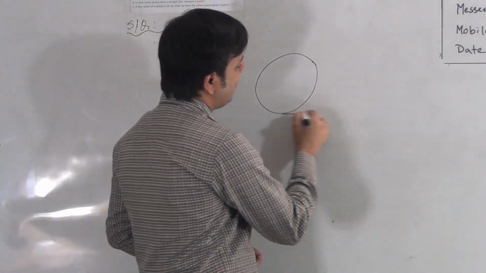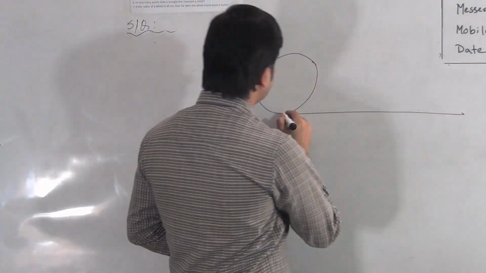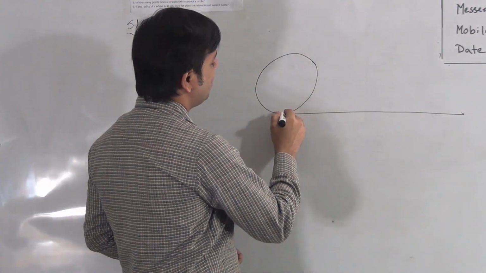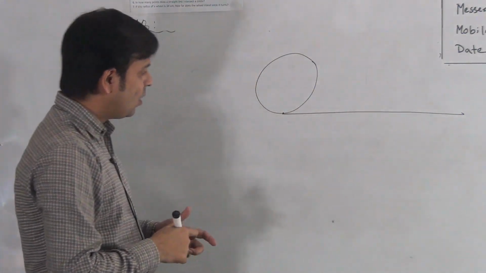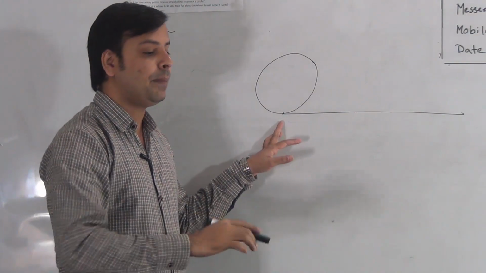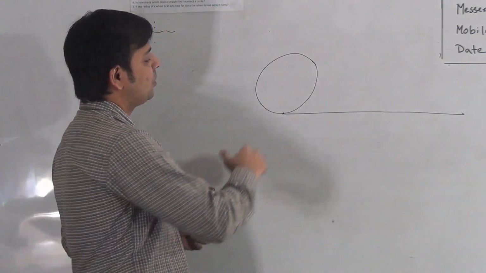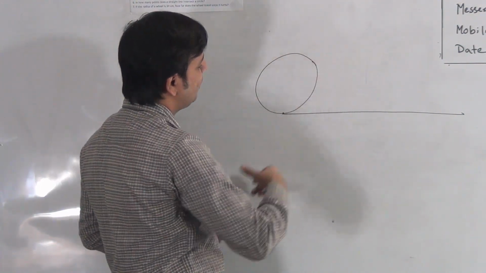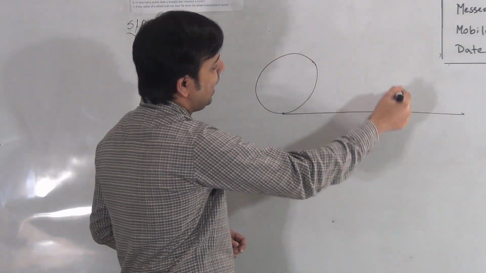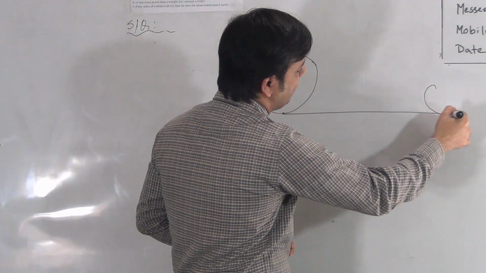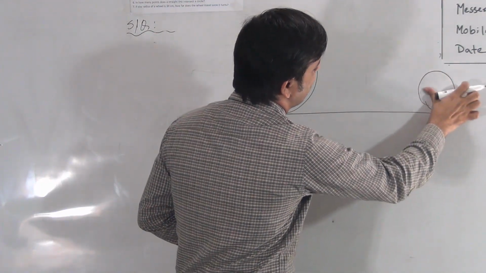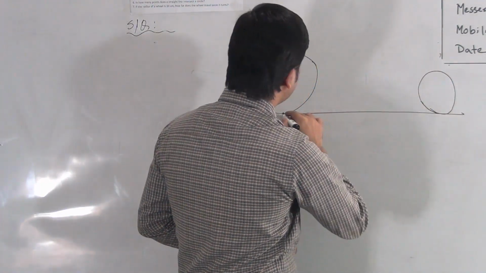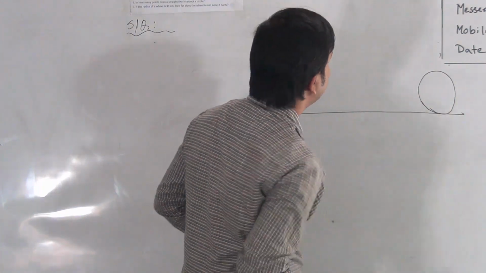It's moving along this side. This is the point which is on the base, on the road. Suppose it is moving in this way, and at some point this point will come again on the road.